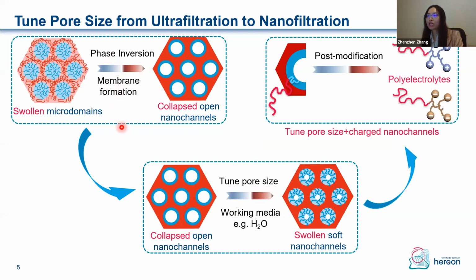When we think about tuning the pore size, if we can use the reverse process, it means we can make the collapsed polymer chains along the open nanochannels swell or expand to reduce the pore size. For this, we know the polyelectrolytes can dissociate and then swell or expand their chains to reduce the internal electrostatic repulsion.